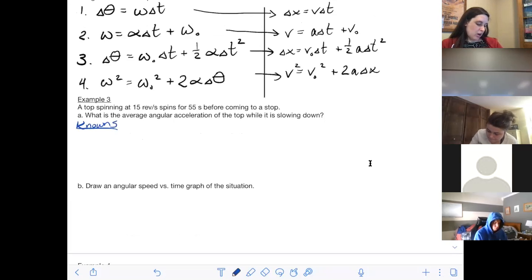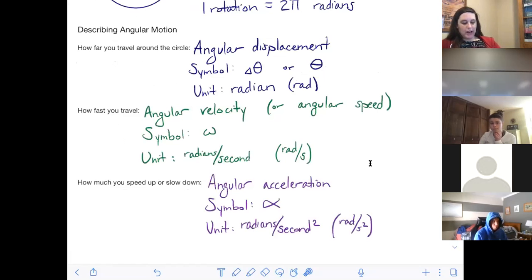So we know that our initial angular velocity is going to be 15 revolutions per second. If you recall, we want to use radians per second, not revolutions per second.